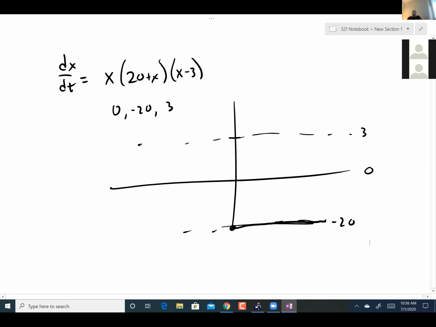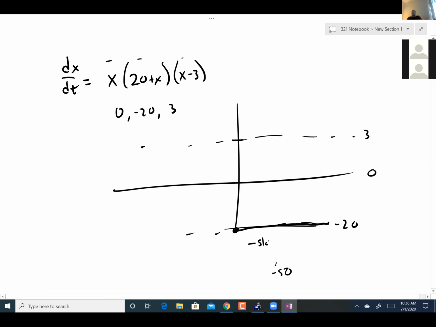So when I look at this problem down here, I could be down here at negative 50 or something. I'll put in a number so it makes me happy. This is negative. This is negative. This is also negative, I believe, yes? So negative times a negative times a negative. These are going to be negative slopes, like that.